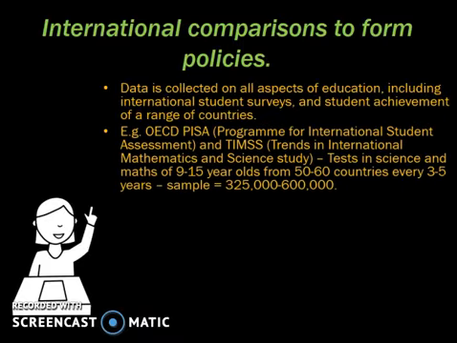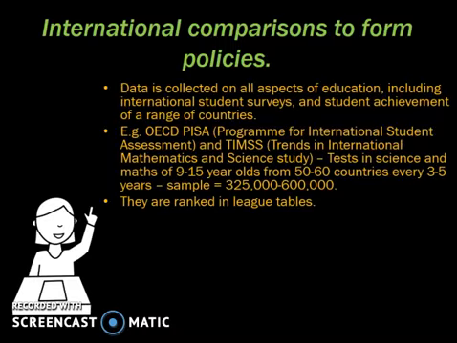For example, we've got PISA, the Programme for International Student Assessment, and TIMSS, the Trends in International Mathematics and Science Study. What these are doing is collecting data about students so we can make international comparisons to judge basically how good our education system is. And then countries are ranked in league tables.